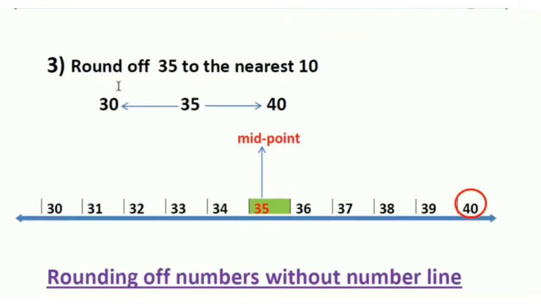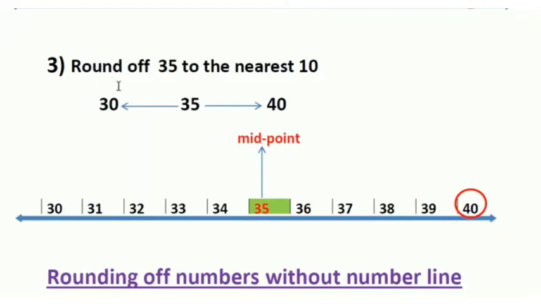One more question, children. Observe it: round off 35 to the nearest 10. Between which numbers does 35 lie, children? 30 and 40.